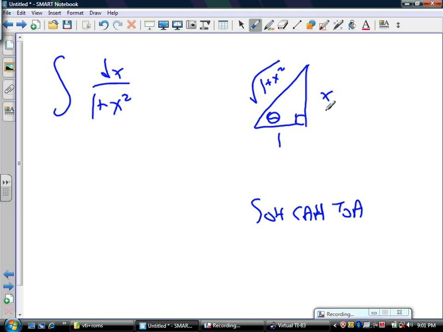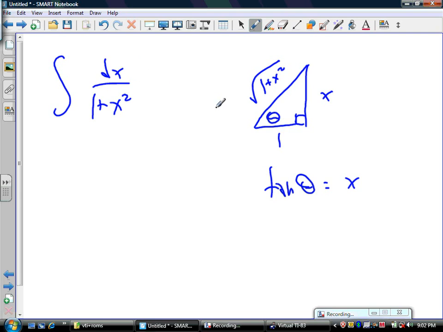From this angle, that's the opposite, that's the adjacent, so I'm doing tangent, right? So that means the tangent of theta is x over 1. Okay. So wherever I see x, I'm going to put tangent. It's sort of like u sub. I'm substituting stuff. But instead of ending up with u's, I'm going to end up with thetas.